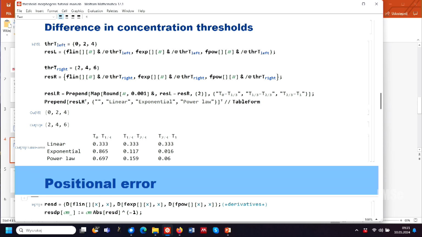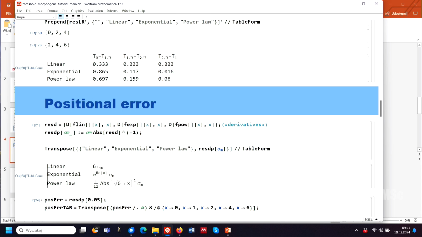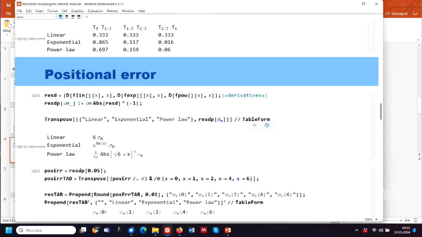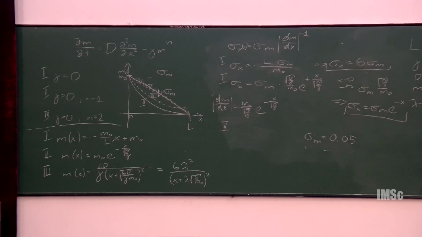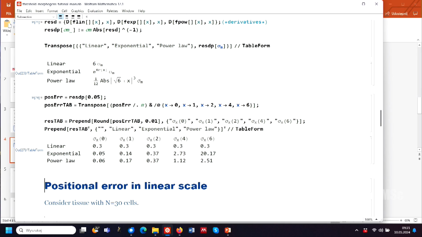And of course, later on, this noise might depend on the concentration. So I'm not saying it, this is like a toy model. And now position error, we solved that. In the end, we got good examples or good solutions. And then if you calculate at x equals 0, linear is constant.